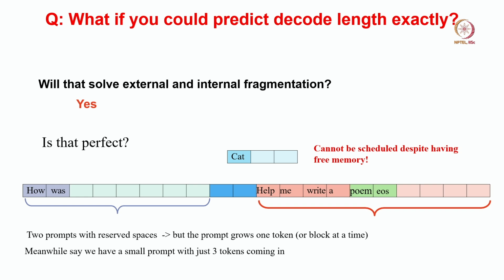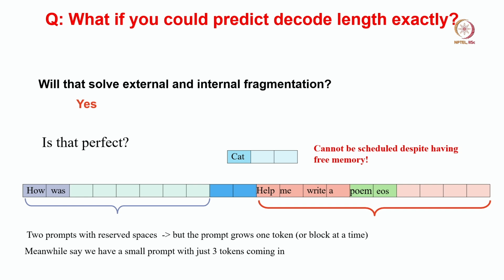So the main idea to overcome this challenge is that we do not need to pre-allocate this much space or these many slots. We already know that during decoding we generate just 1 token at a time, because decoding happens in an autoregressive manner.